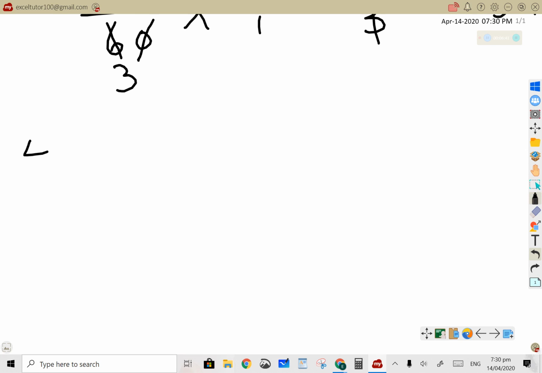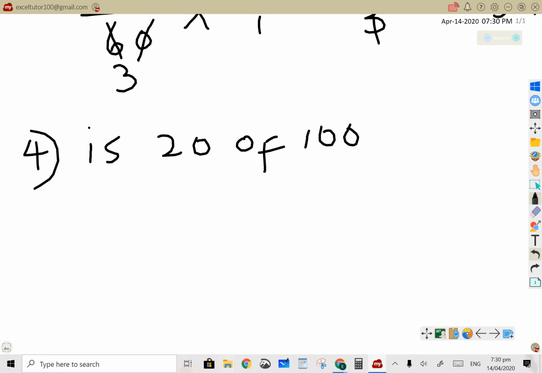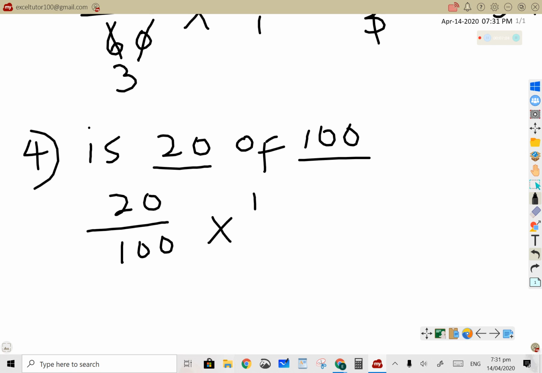So we look at a fourth example. Is 20 of 100? So again, 20 is "is" and 100 is "of". 20 goes on top, 100 goes below, multiply by 100 over 1.